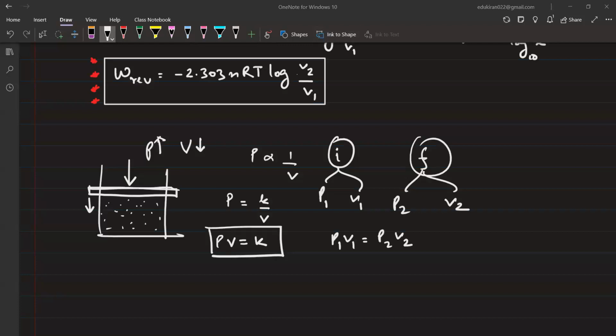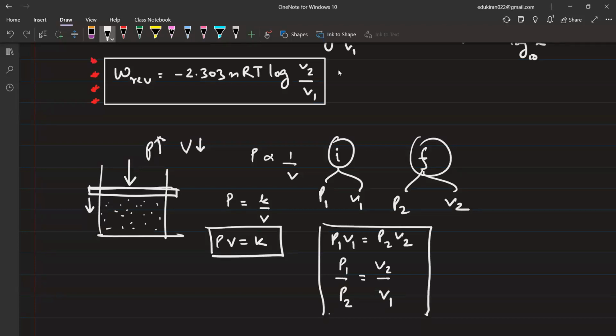All of you got this? Please tell me, guys. Okay, now please see here. P1 upon P2 will be equal to V2 upon V1 by rearranging. Try to focus here. Is this clear?